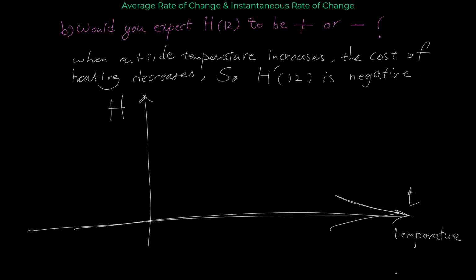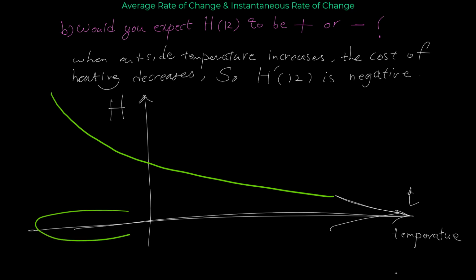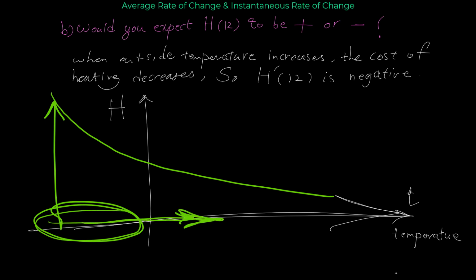When the outside temperature is cold, when we have cold weather, the cost is high. But gradually, when temperature increases, the cost of heating the building decreases. So we expect to have a function like this. When the outside is cold, the cost is high. Gradually, when the outside temperature increases, the cost is less and less, and maybe at some point it would be 0 because there is no need to heat the building.